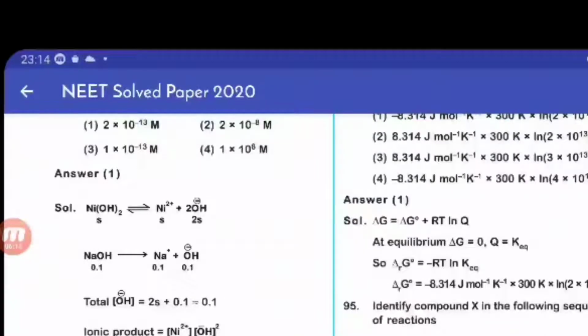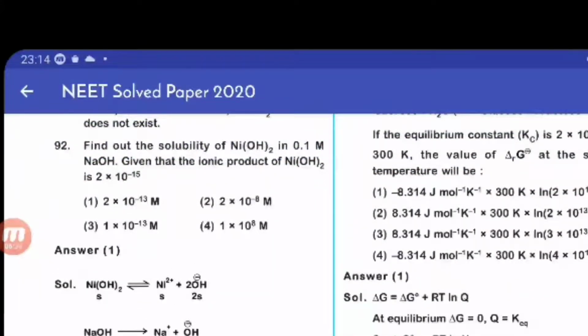So the equation reduces to delta G standard is minus RT ln of the equilibrium constant. We'll put the value: delta G of the reaction at standard condition is equal to minus 8.314 joule per mole per Kelvin multiplied by 300 into natural log of 2 into 10 to the power 13. That is the expression.